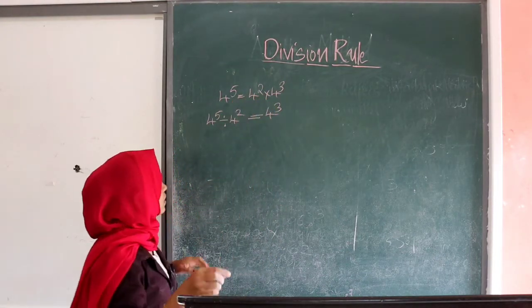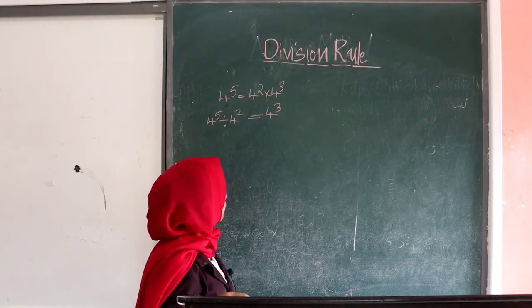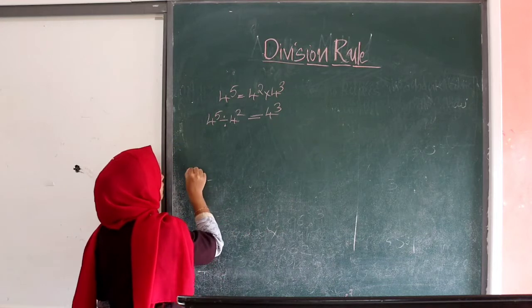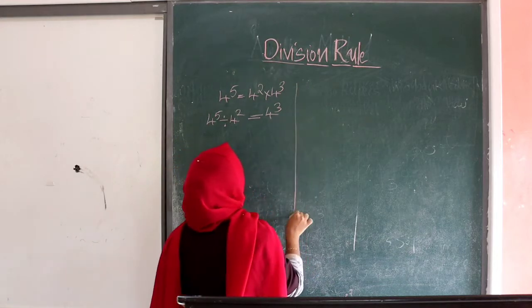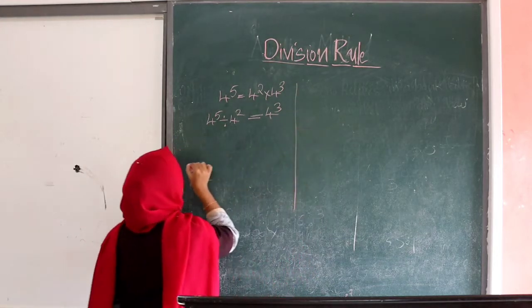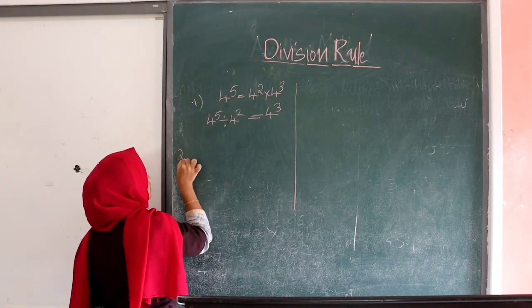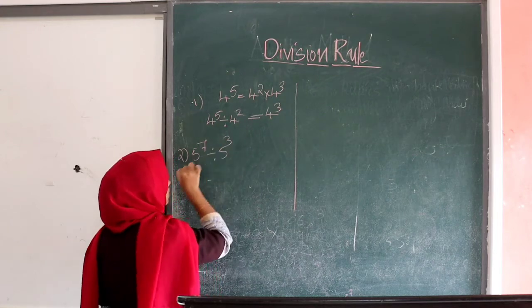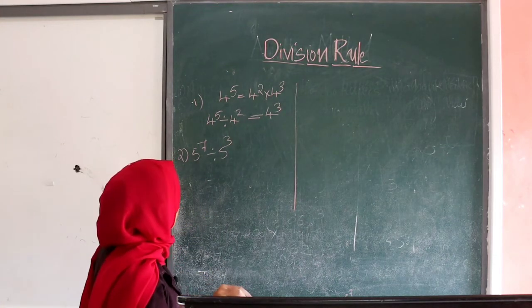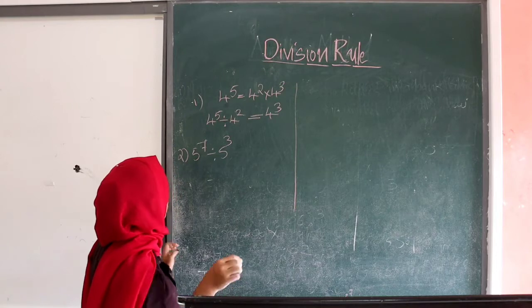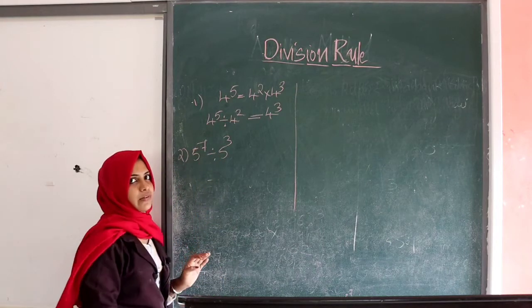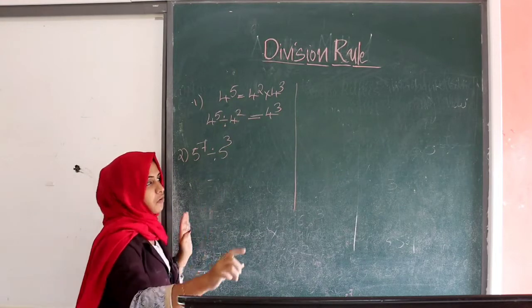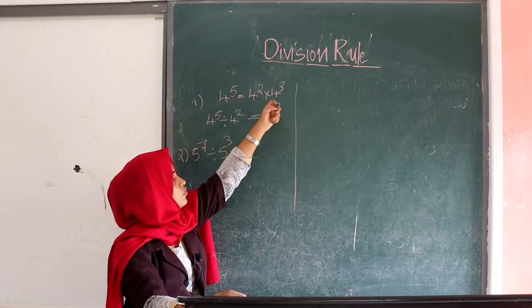Then what do we get on dividing 5 raised to 7 by 5 raised to 3? Here we wrote 4 raised to 5 equal to 4 raised to 2 into 4 raised to 3.